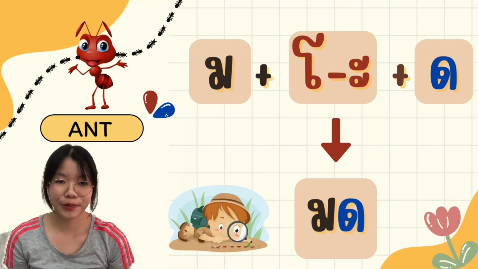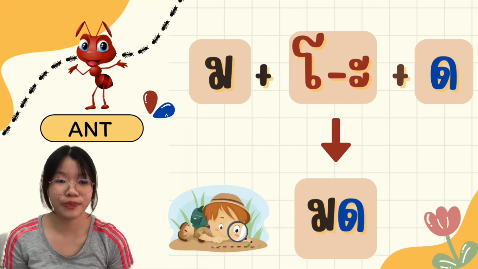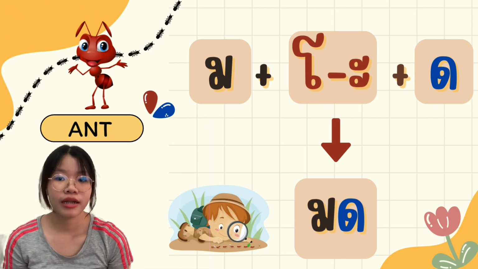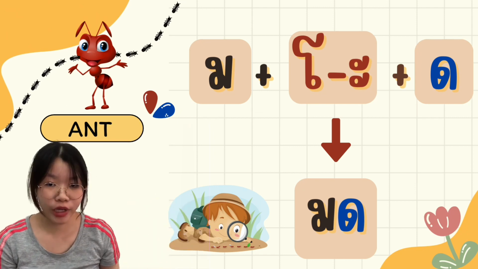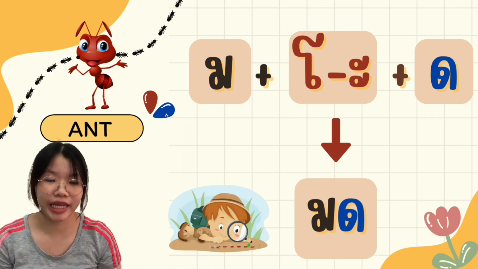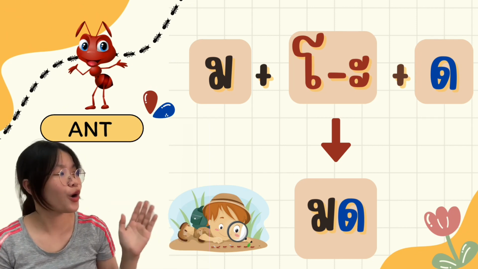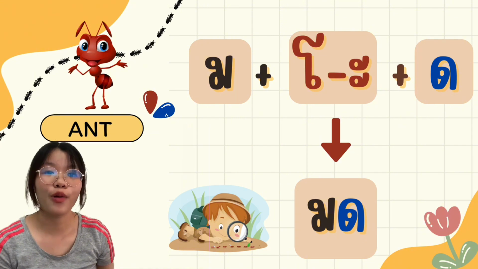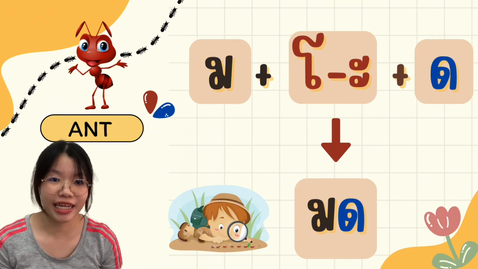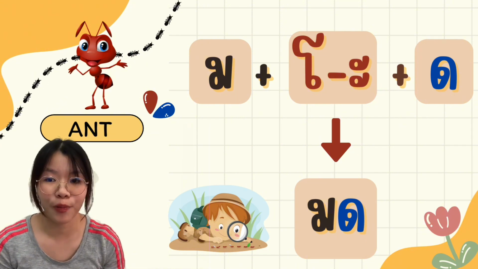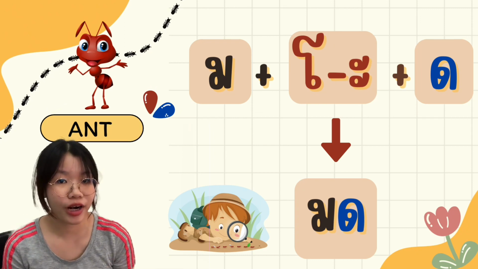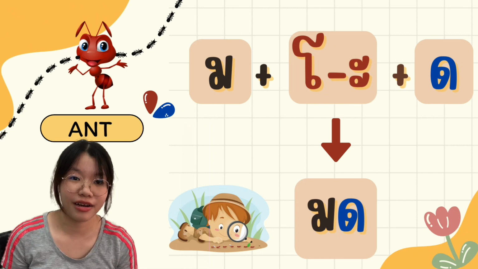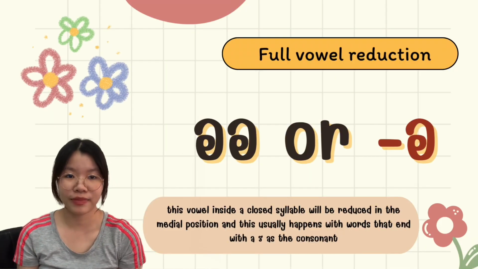For example, which means mot. Repeat after me. You will see the inherent vowel when the vowel is placed within the word. It disappears.